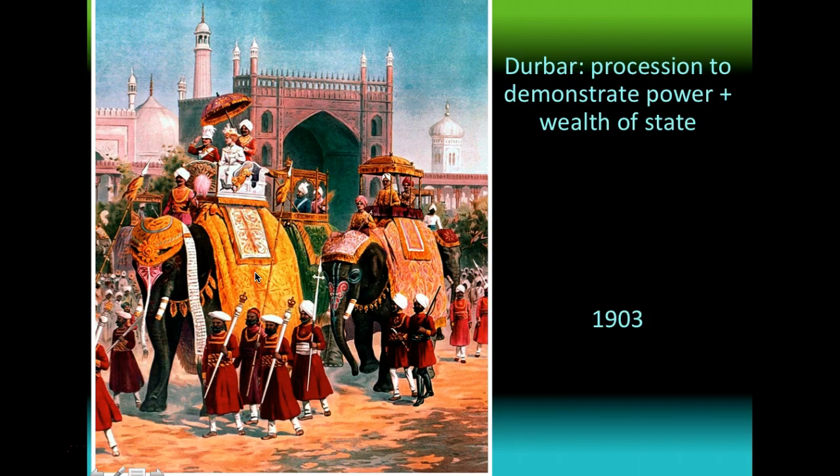This is an image of what is called a durbar, an imperial durbar, and it's a procession, parade to show the people, to demonstrate the power and the wealth of the British Empire, the rulers at the time, the colonizers. And you see a lot of syncretism here. You see a blending of British and Indian culture.